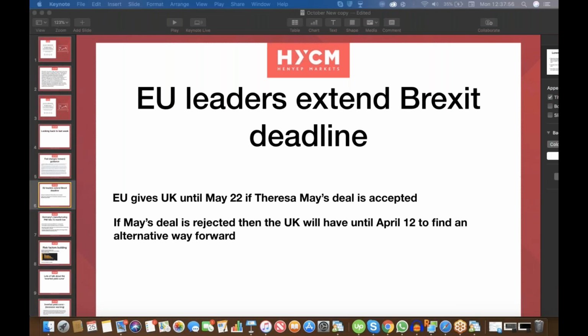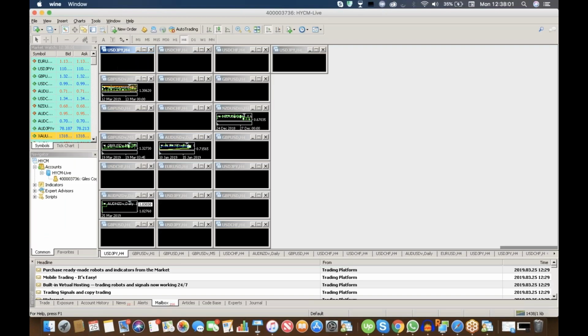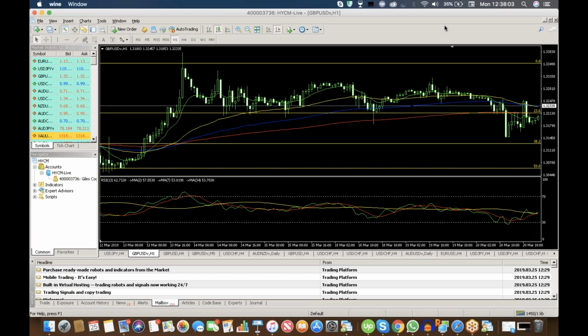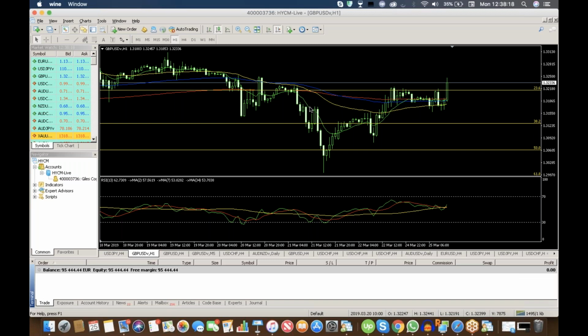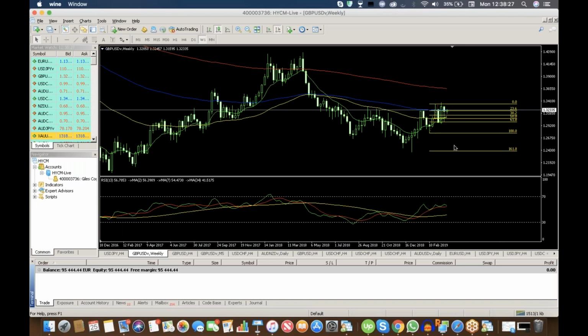That is why there's been a sudden pop in the pound, on the news that Theresa May may well be holding another meaningful vote on Tuesday. If that meaningful vote is accepted, then Britain will be leaving the European Union with a deal. So we need to start thinking, what would that mean in terms of price?